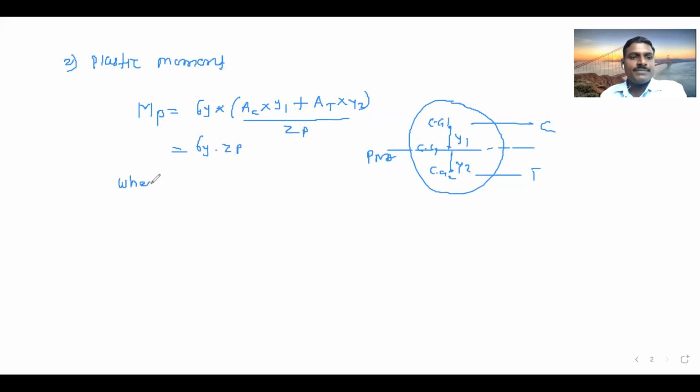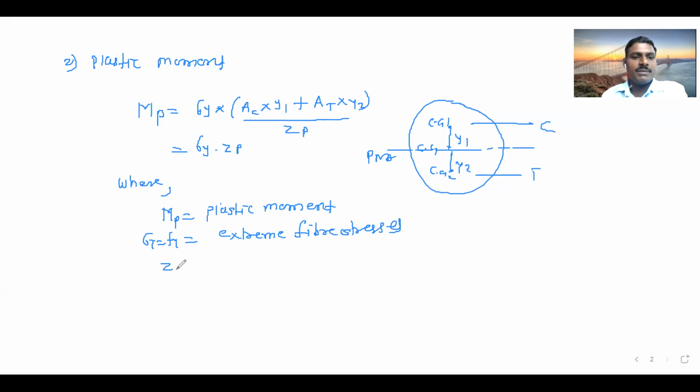Where MP is the plastic moment, sigma y or Fy is the extreme fiber stress, and ZP is the plastic section modulus.